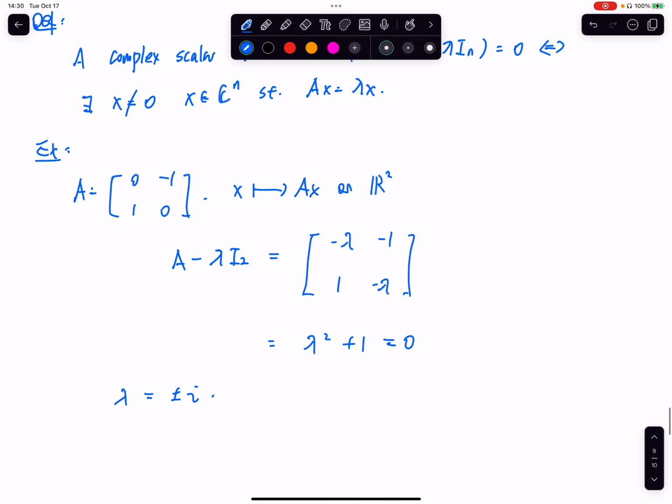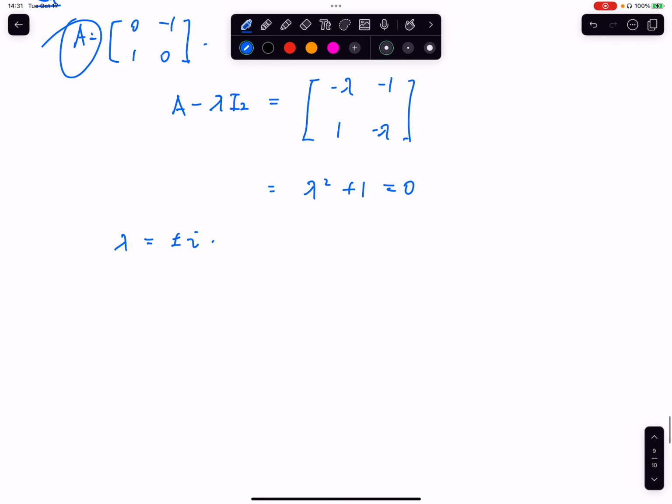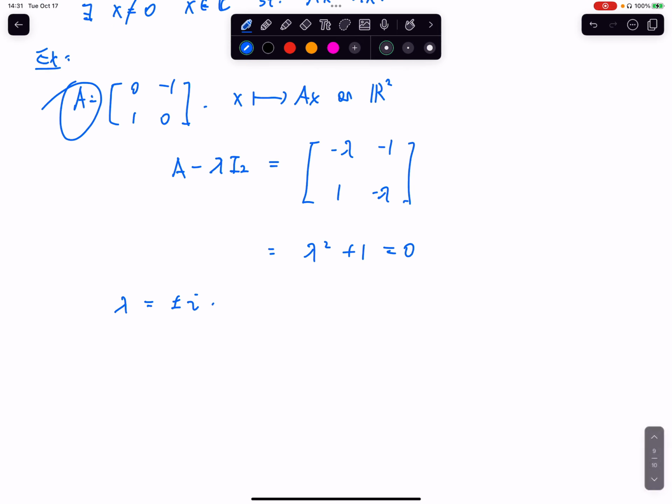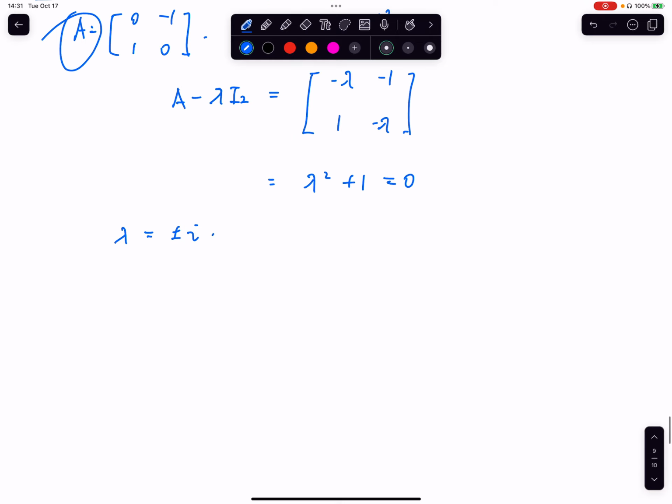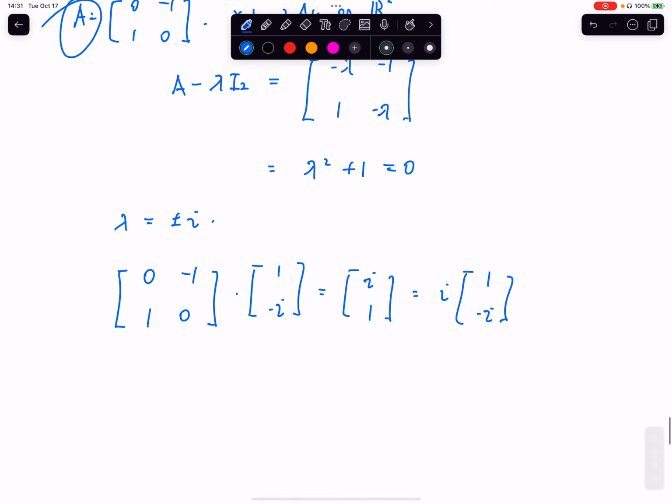So we were considering our A as real, but if we permit A to act on C^2, we have [0, -1; 1, 0] times (1, -i) equals (i, 1), which equals i times (1, -i).